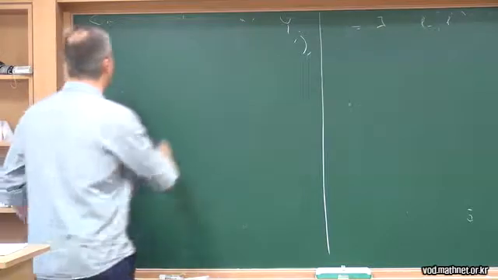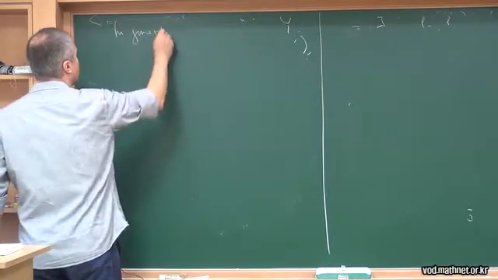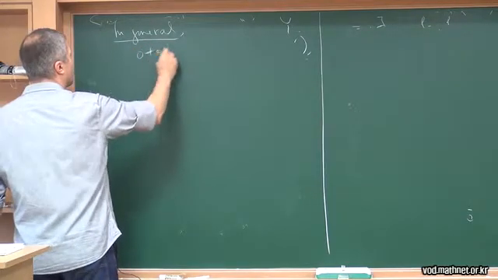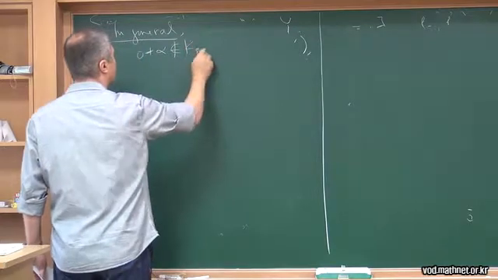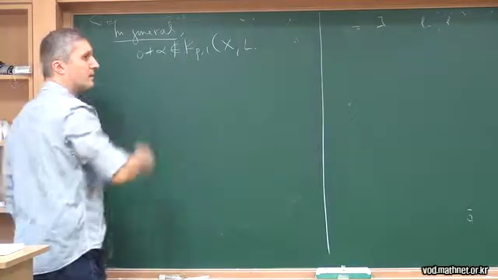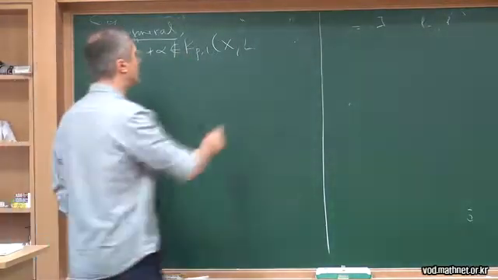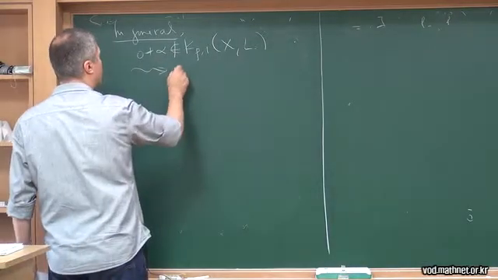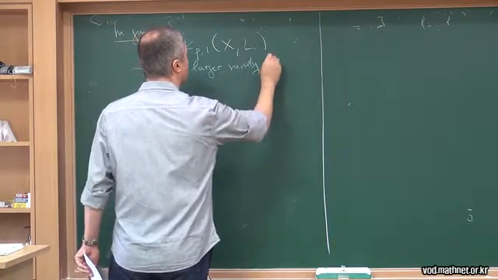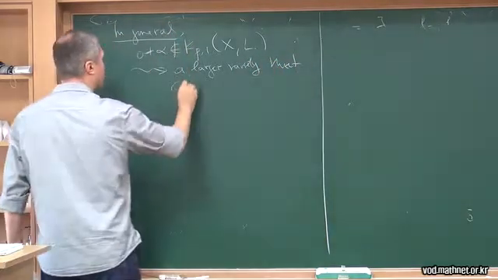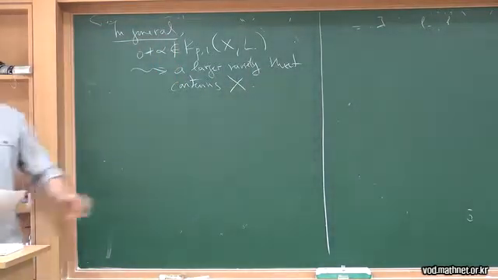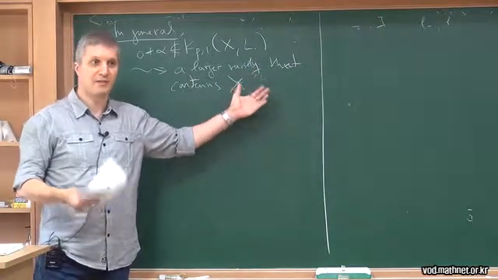So in general, out of a non-zero class in K_{p,1}, so that will be a non-zero beta_{p,p+1}, we will construct a larger variety that contains X. In some cases we can classify these varieties, and they have very special geometry.